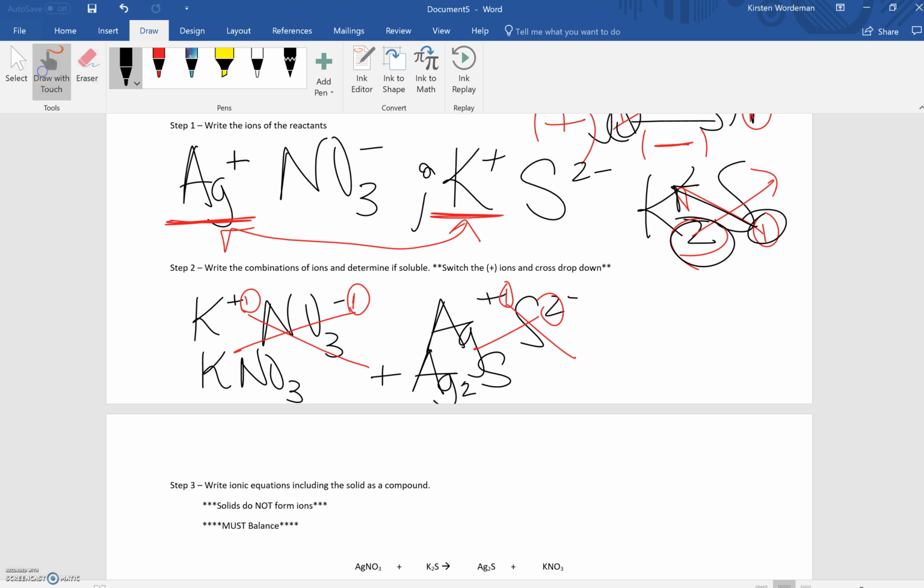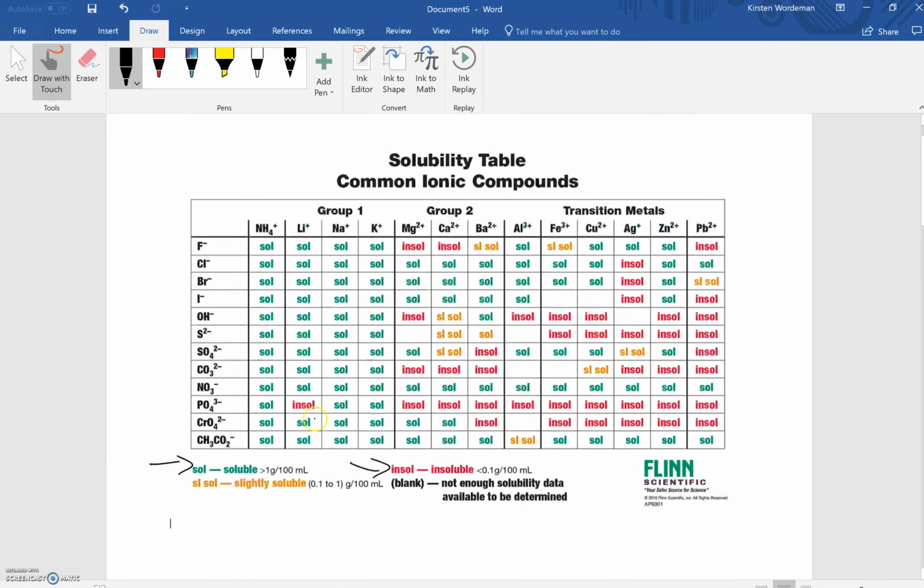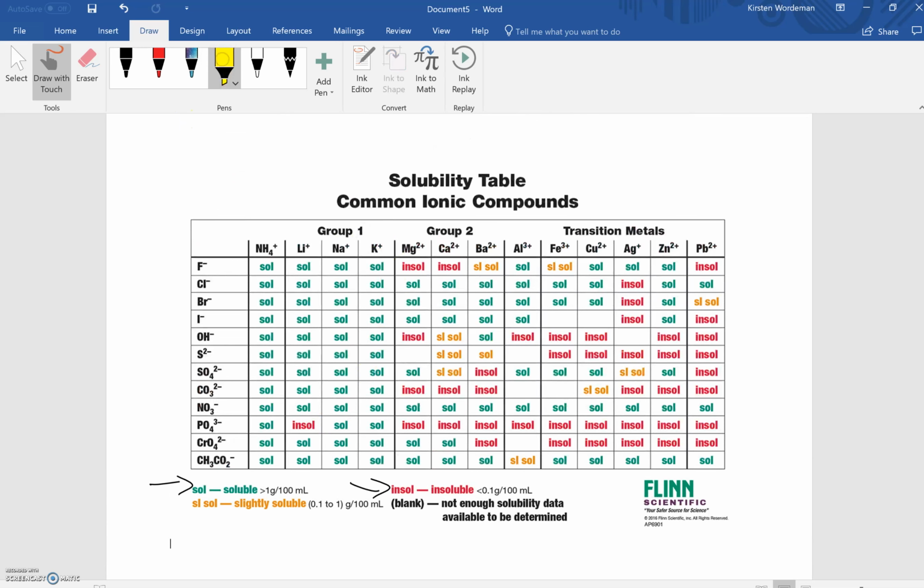Now how do we figure out which ones are going to form a precipitate or be insoluble in that water? We have to check our chart all the way back at the top. So our first one is potassium nitrate, and here is your potassium column right here and your nitrate column right here. And you can see where those 2 things intersect, that is soluble.